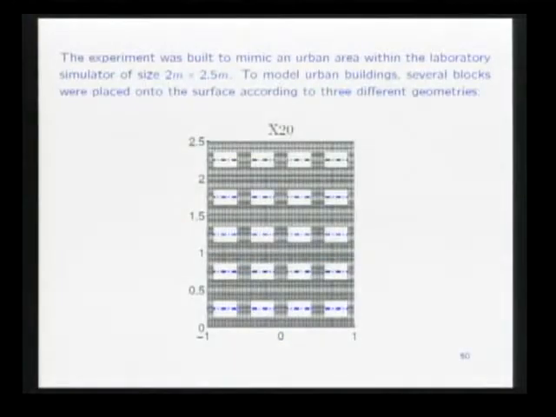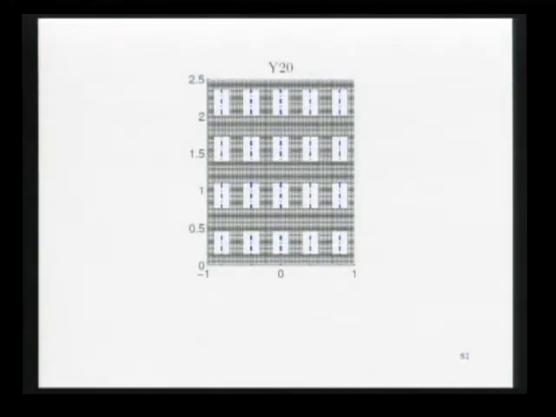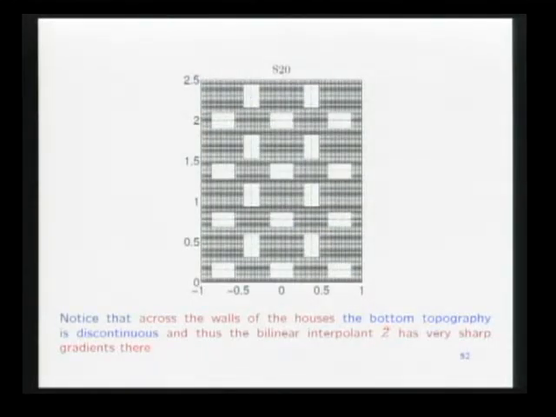There are different configurations: houses in the horizontal direction, vertical direction, or in the mixed way they put. And houses are obviously added to the bottom topography.